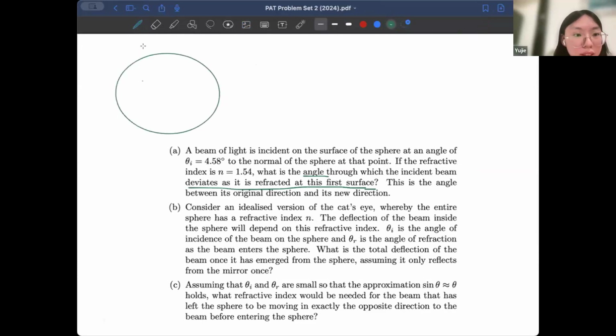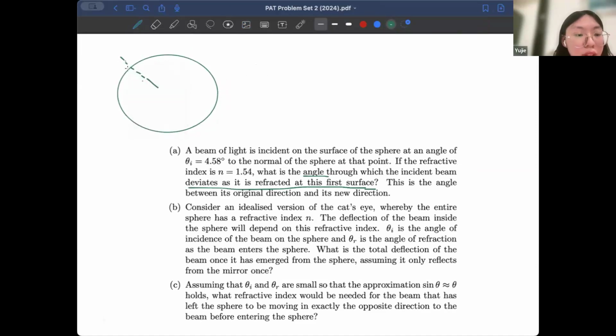Let's start with the view and the normal at a specific point.